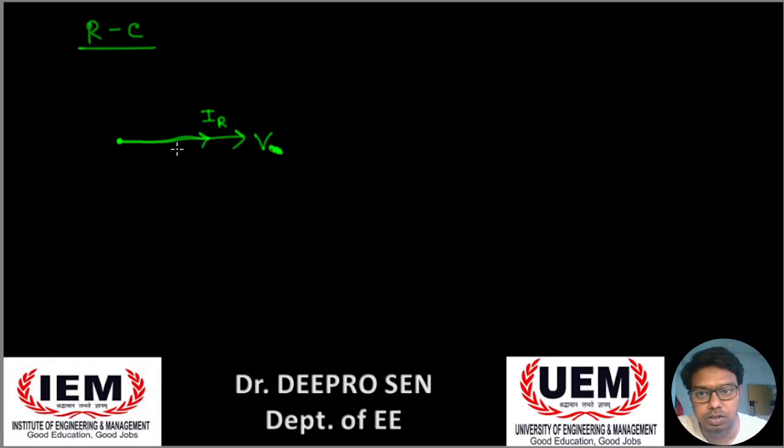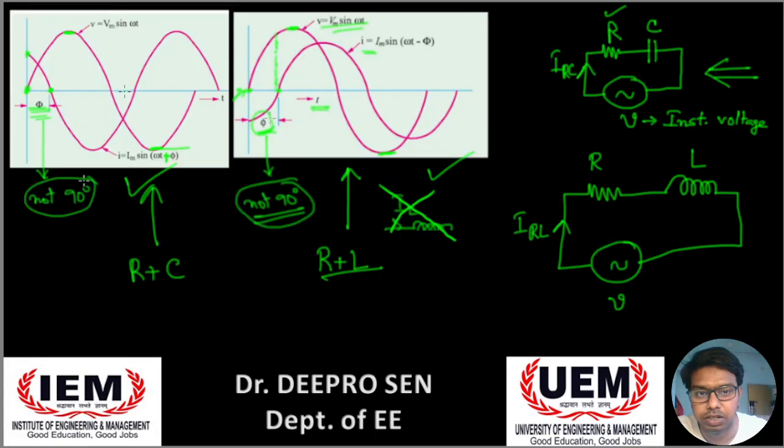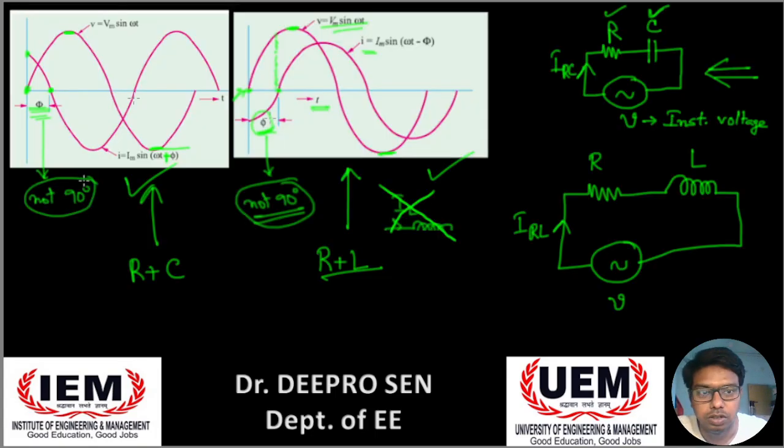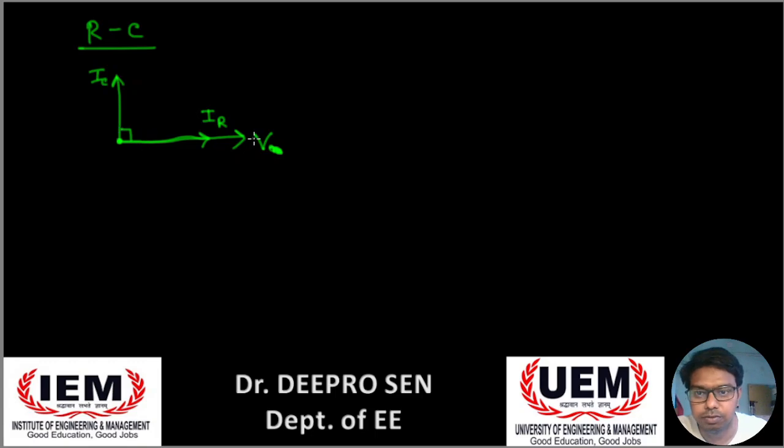In the last video I also showed that if the load were purely and only capacitive, then the current due to the capacitor would be 90 degrees leading the voltage. In the coordinate system, anti-clockwise is the positive direction, so the current leads the voltage. So I_C, the current due to only the capacitor, becomes 90 degrees leading the voltage.